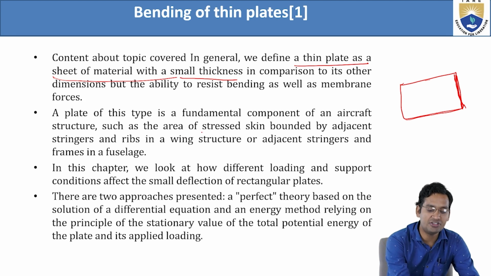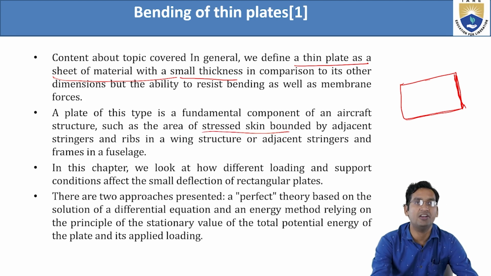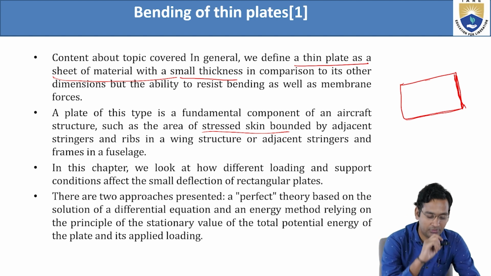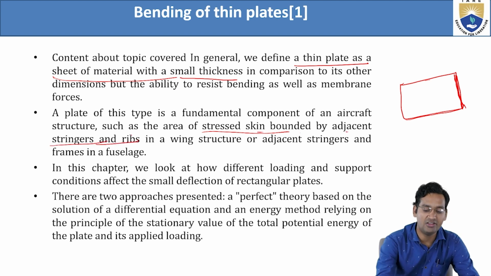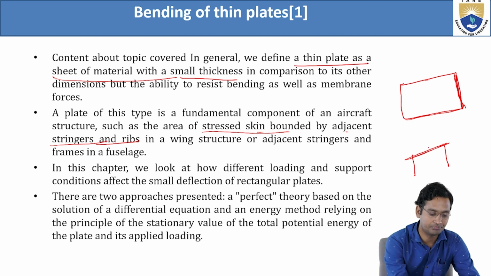Examples are the area of stressed skin bounded by adjacent stringers and ribs in a wing structure. One stringer is here, another is adjacent, and the region bounded by them is the skin, which is a thin sheet.